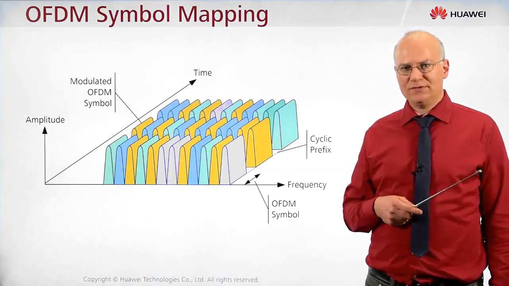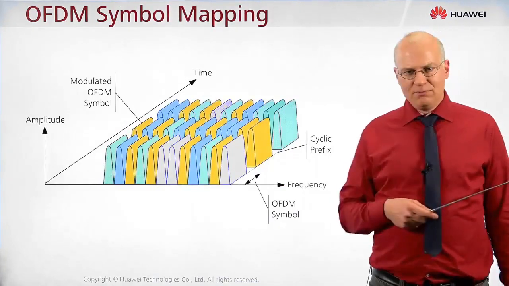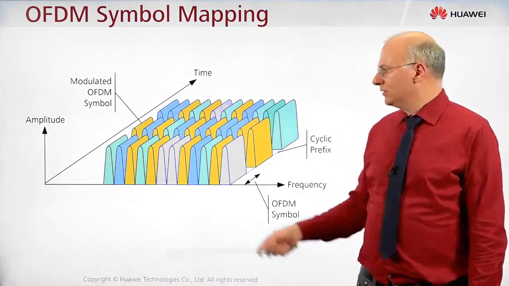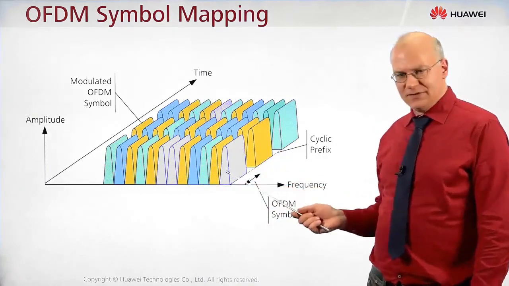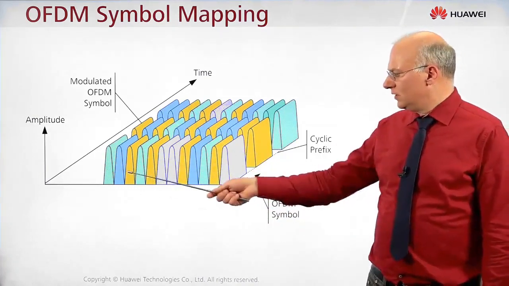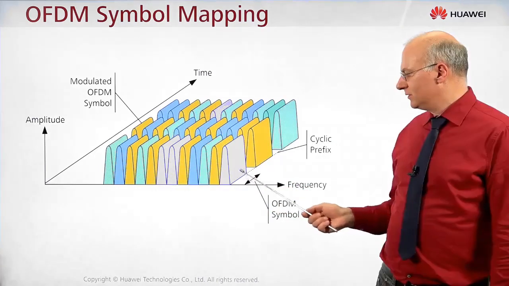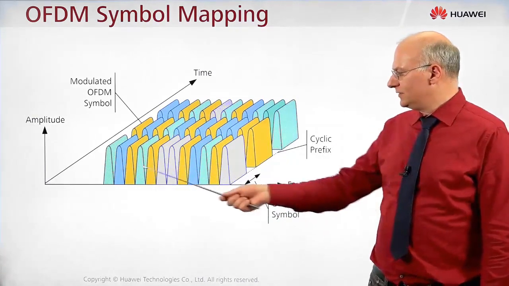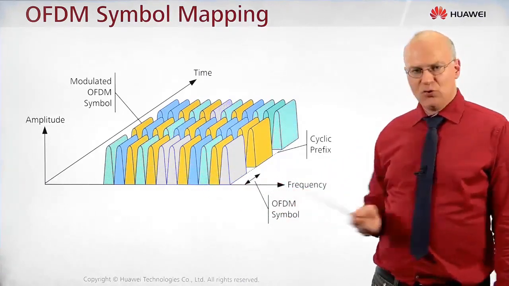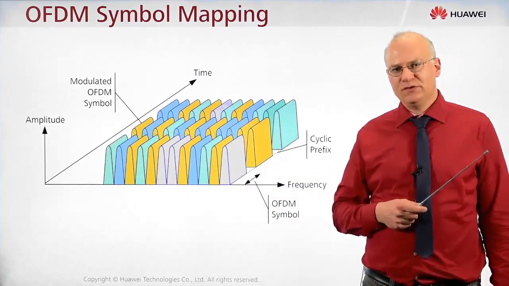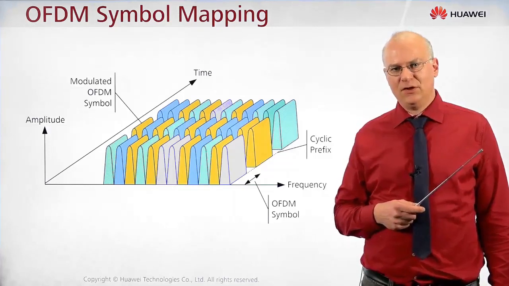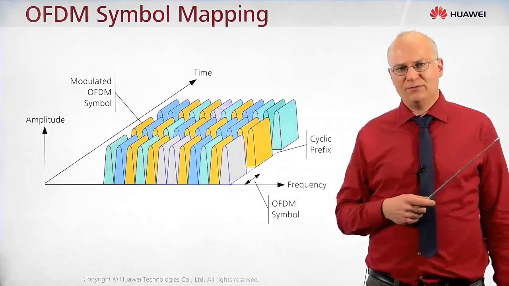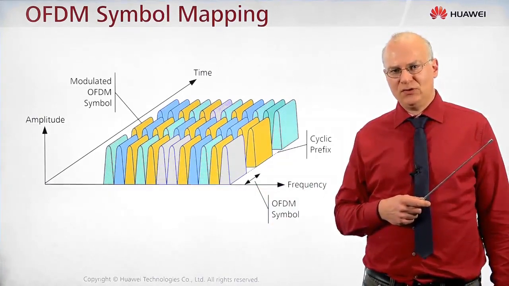So to summarize, OFDM can be visualized in the time frequency diagram. We have the different subcarriers in the frequency domain. In this case are shown 12 subcarriers with a spacing of 15 kilohertz. So 12 carriers together have a bandwidth of 180 kilohertz.